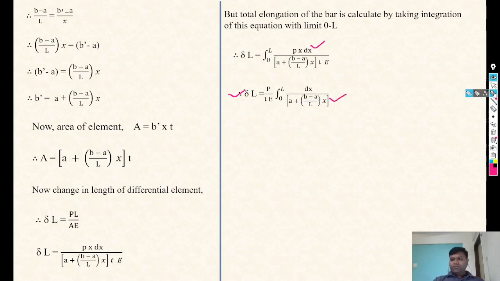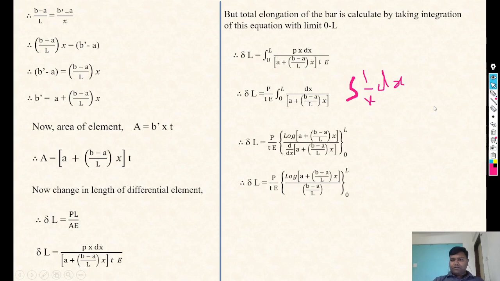Now we need to take the integration of this term, and we have a mathematical formula for this integration, that is, integration of 1 by x dx. I think I have written that formula over here.